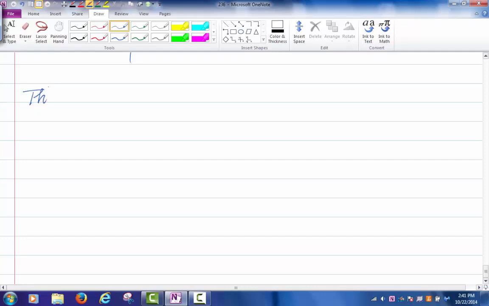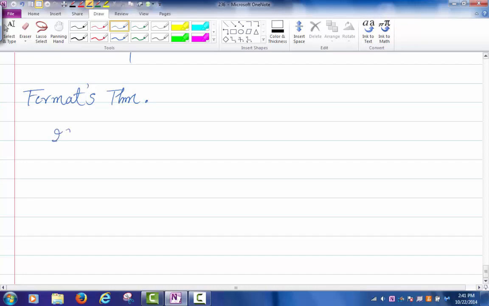So here's what I promised to you. This is called Fermat's theorem, and what it says is the following.